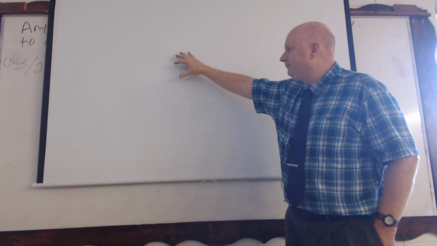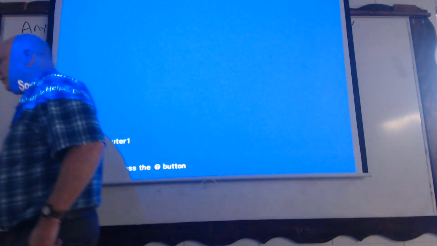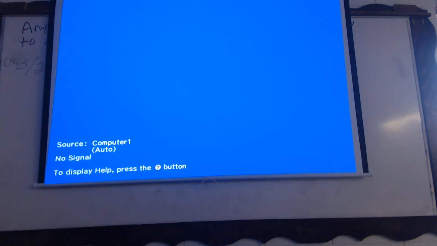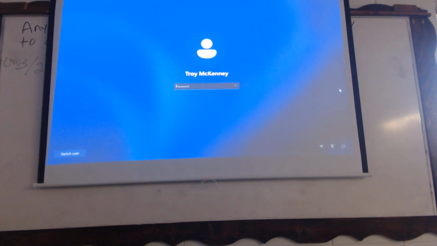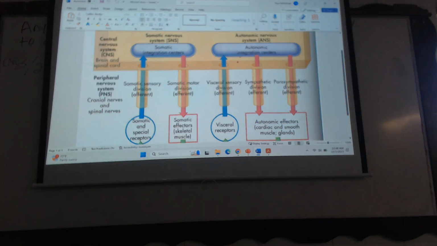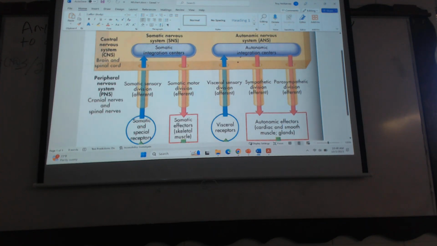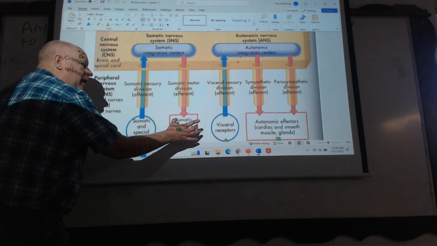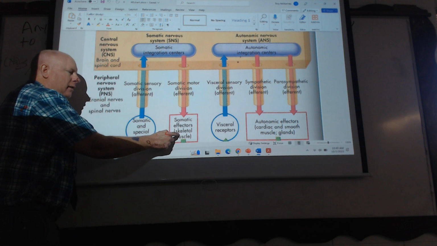Okay. But why is that different than the other side? We've only talked about it. We never really went into any specific reasoning for that. But what's true about this side? Do we have conscious control over our skeletal muscles?